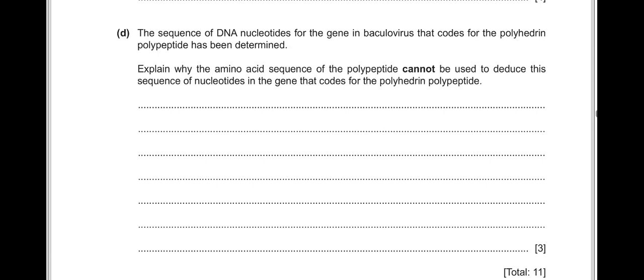Secondly, the protein includes only the amino acids which are coded by the exons, whereas the introns have been removed from it in the DNA splicing or processing in the nucleus. So also, from the amino acid sequence, we cannot actually mention the sequence of the introns in the DNA molecule.